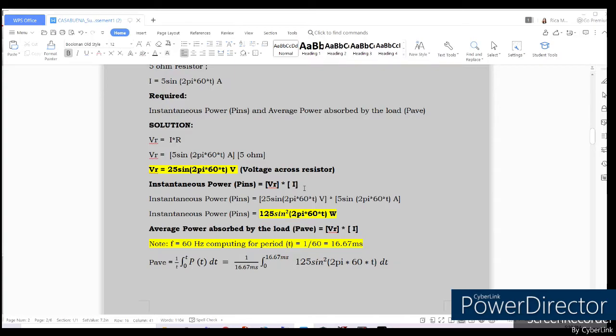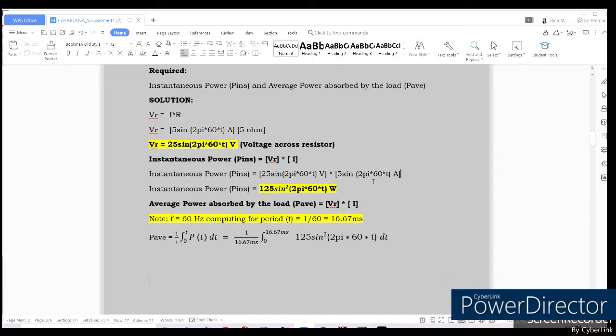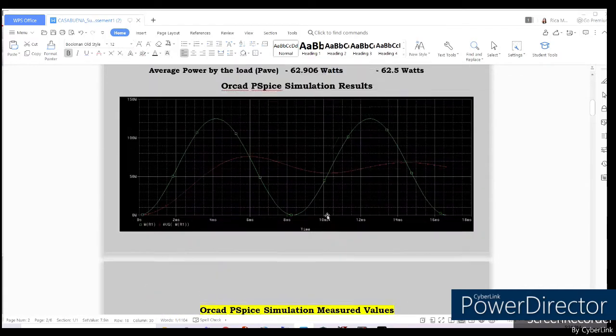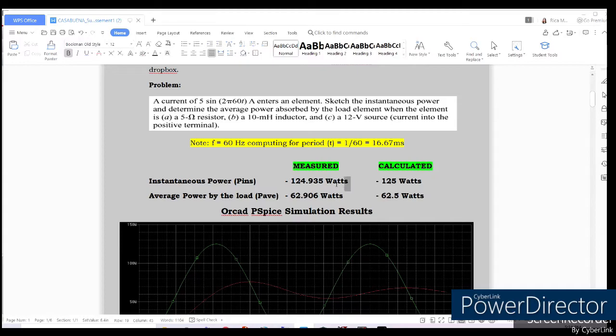So it is the voltage across the resistor times our AC current source: 25 sine 2 pi 60t times 5 sine 2 pi 60t. Our instantaneous power gives us the equation 125 sine squared 2 pi 60t watts. We consider the peak value, which is 125, consistent with our measured value of approximately 125 watts.